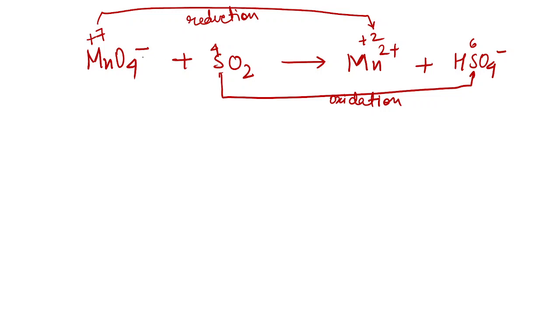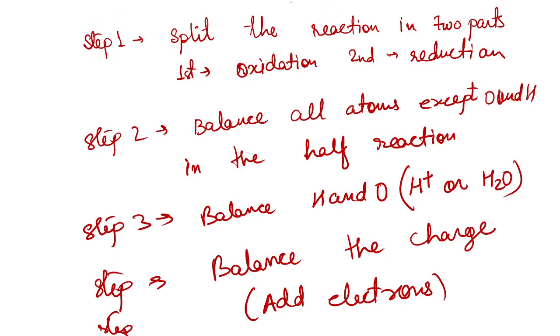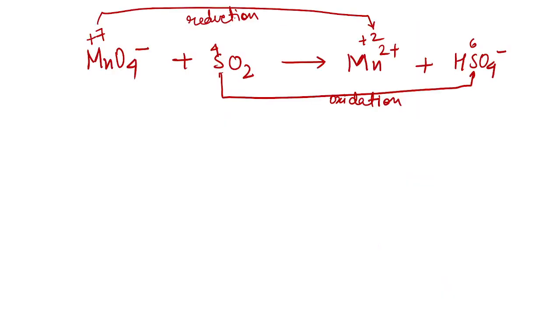Now what did I say in the first step? I said split the reaction in two parts, where first will be oxidation and second will be reduction. So now we have to split it. Where is the reduction occurring?